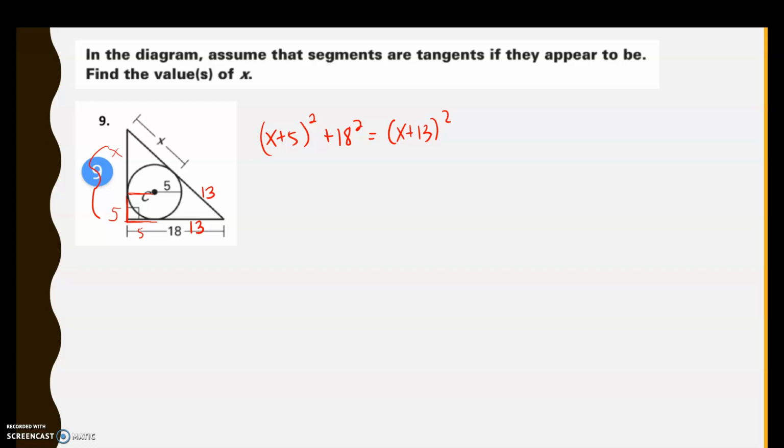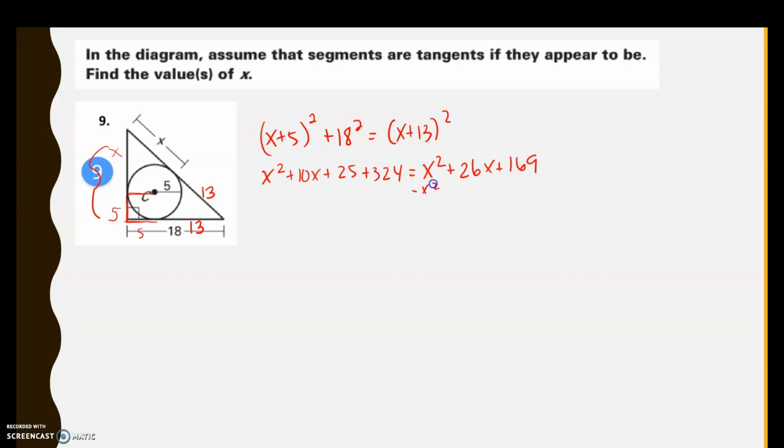Foiling this, first outer inner last, I'm going to get x squared plus 10x plus 25, and then 18 squared is 324, and that is equal to x squared plus 26x plus 169.